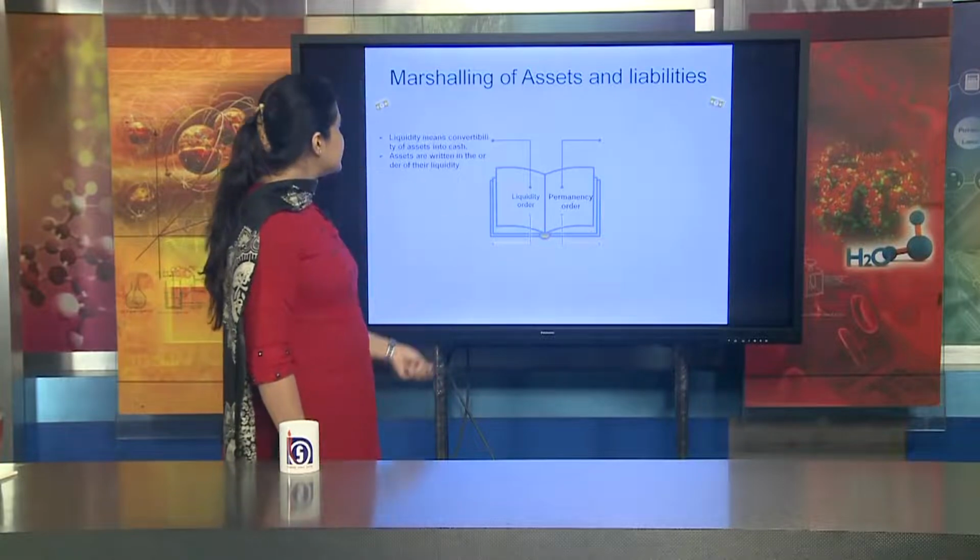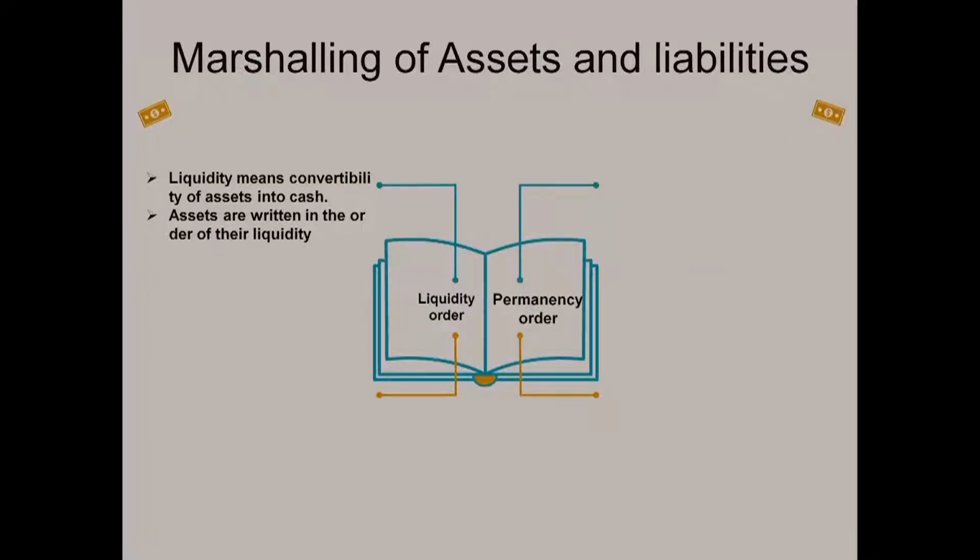So liquidity means convertibility of assets into cash. Okay, so how quickly you can change or convert an asset into cash, that is liquidity. Assets are written in order of their liquidity. Then the asset of highest liquidity is written first.